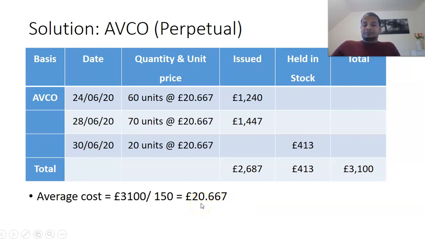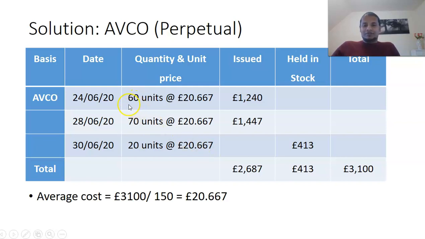On the first issue, on 24th, we are issuing 60 units at an average cost of 20.667. The issue comes to 1,240. On 28th, we issued 70 units, and obviously we will be issuing at the average cost. The inventory remaining in stock will also be at the average cost.